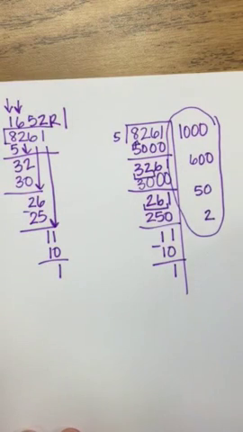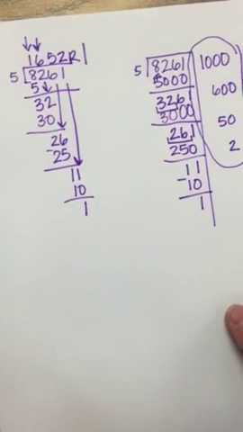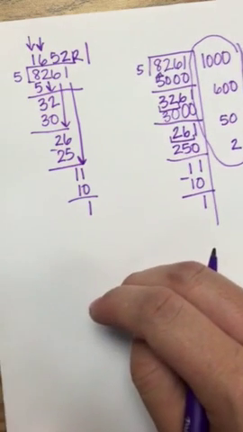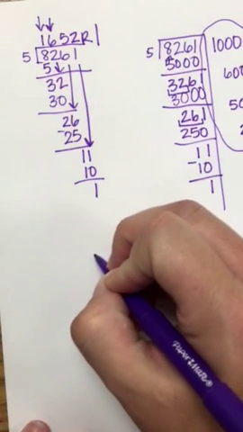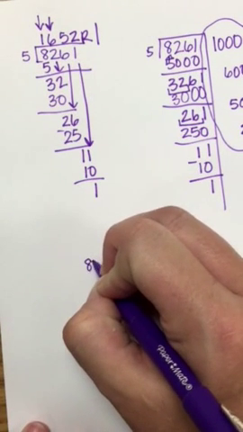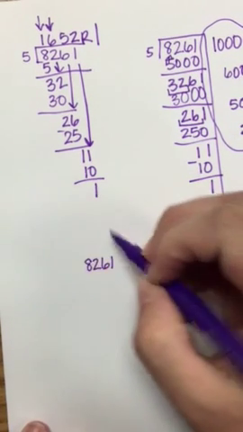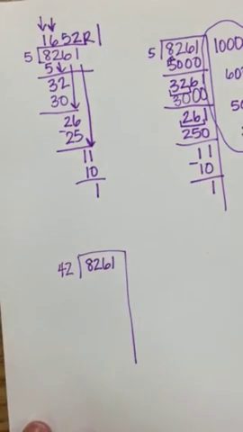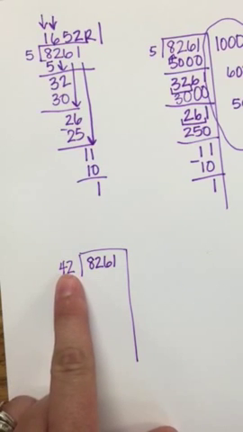So we got the same answer in the same number of steps, but the partial quotients does allow students to be more flexible in their thinking. For example, when they get a problem such as 8,261 and they want to divide it by 42, most students don't know their facts for 42.